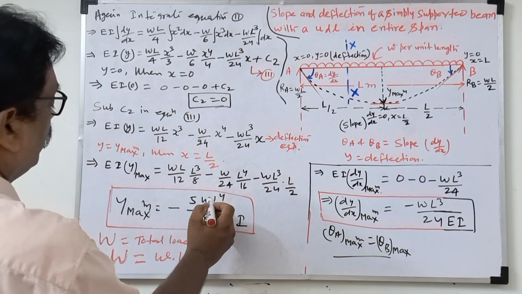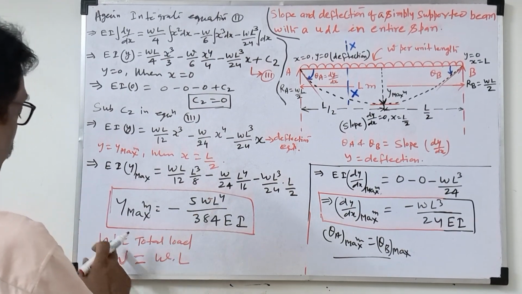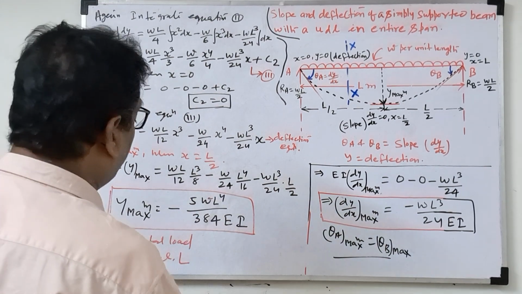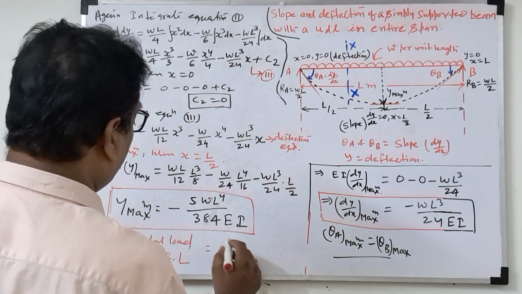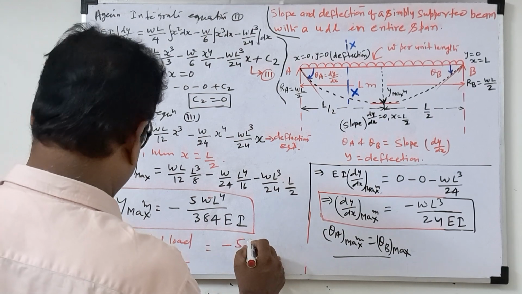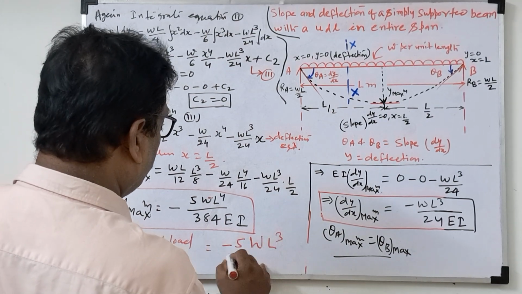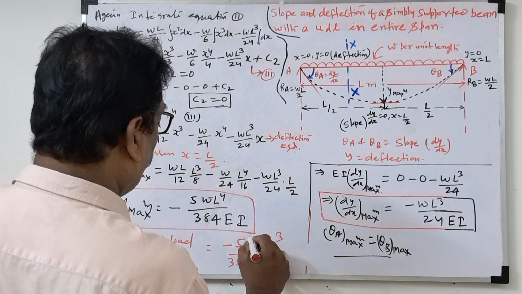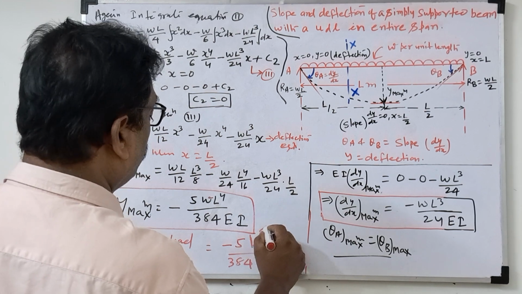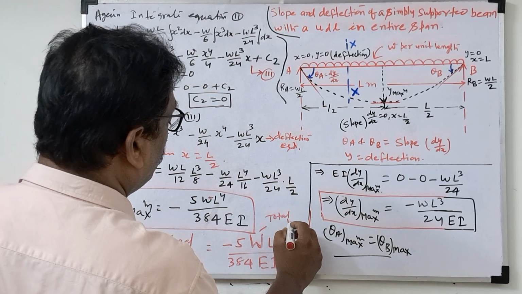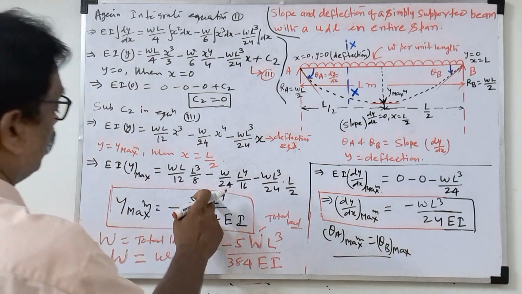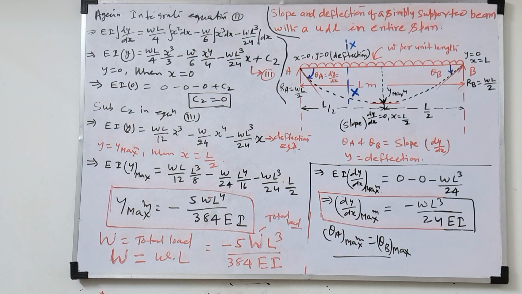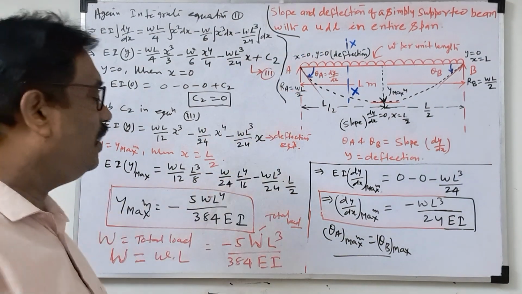Then this small w is the load per unit length, but the load W into L will be capital W. If you substitute here, you will get minus 5 capital W L cube by 384 EI, where W is the total load, and small w is the UDL load. So this way we can derive the slope and deflection of a simply supported beam with UDL for the entire span.